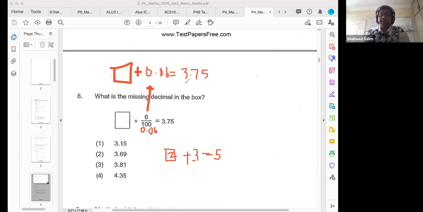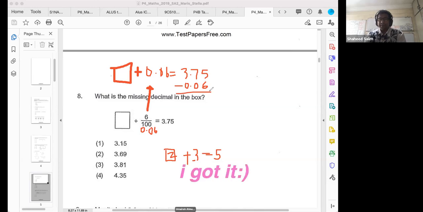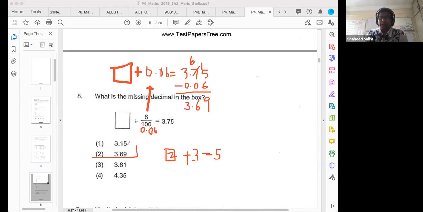So take this, minus like that, and you will get it. Let's see whether Naomi or Umaira is correct. Minus lah. You got a minus. I got it. Wow. Look at that. So 15 minus 6, 9. 3.69. Congratulations to Kakak Umaira. Naomi, good try. Was close, but not accurate.